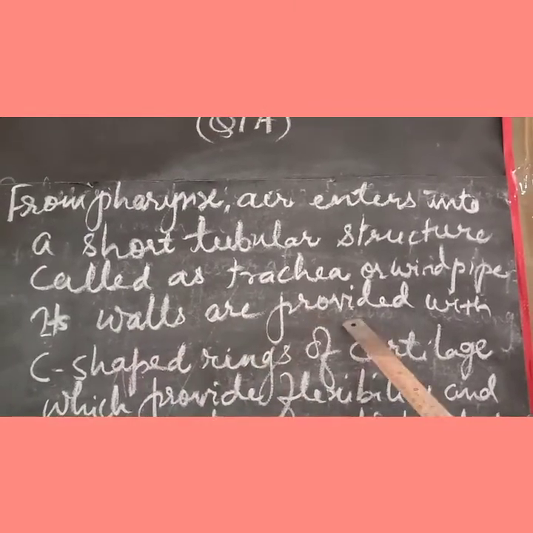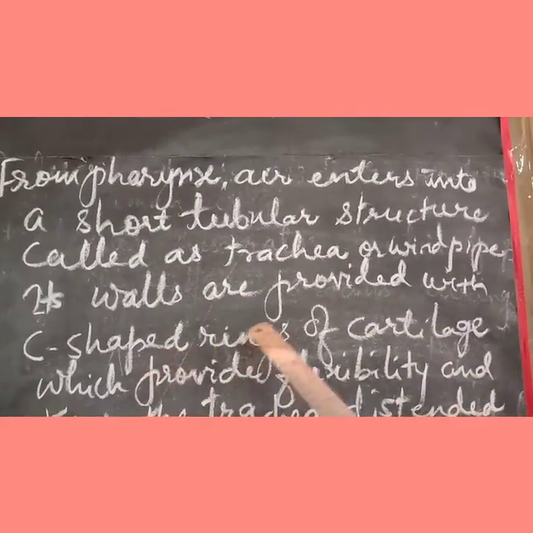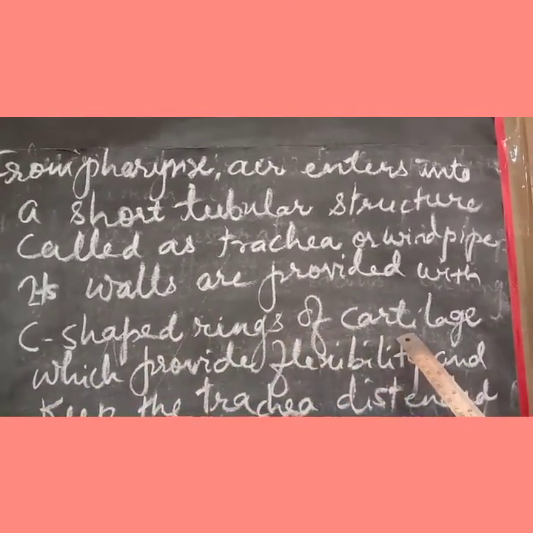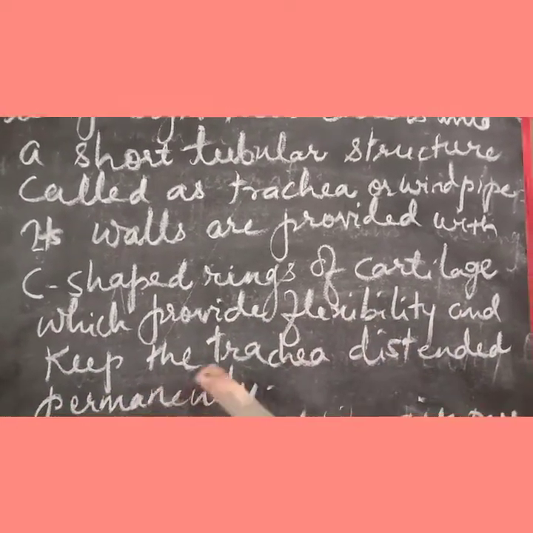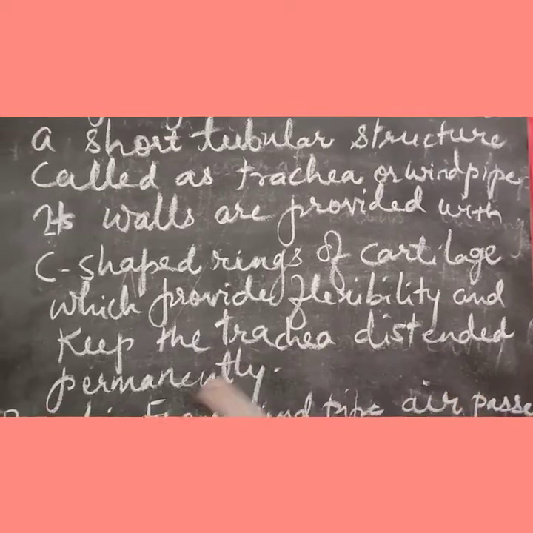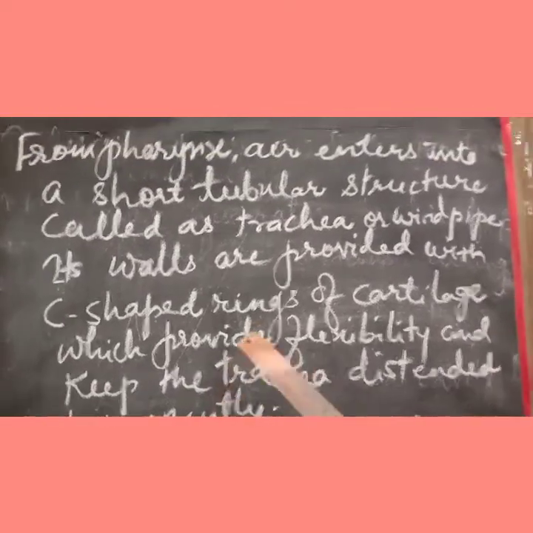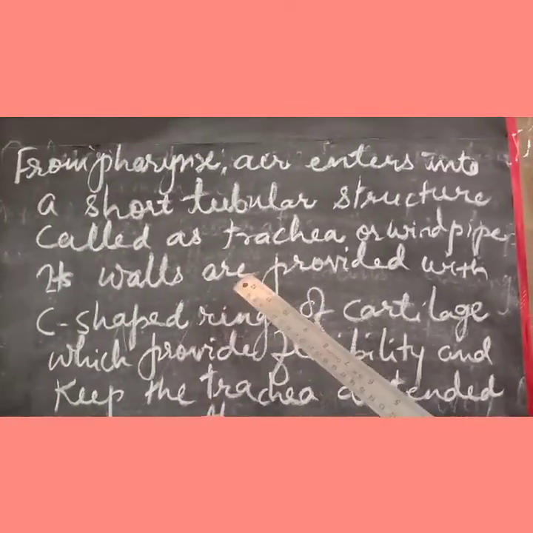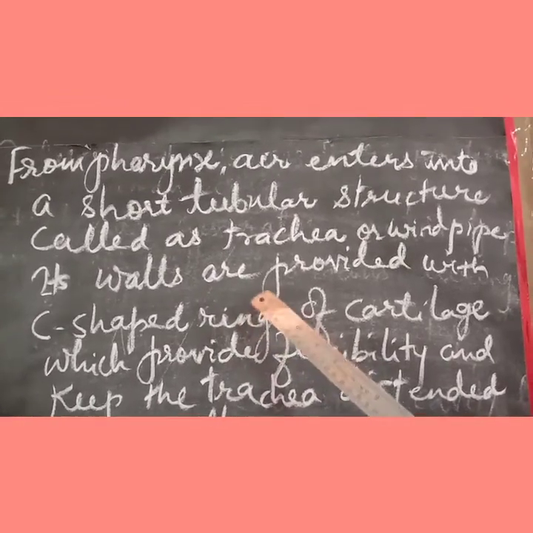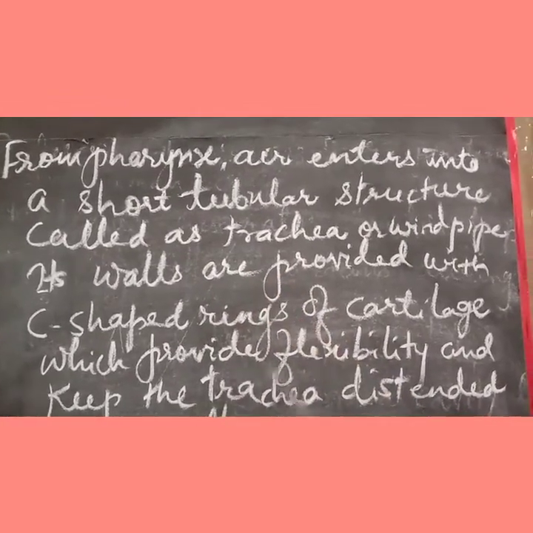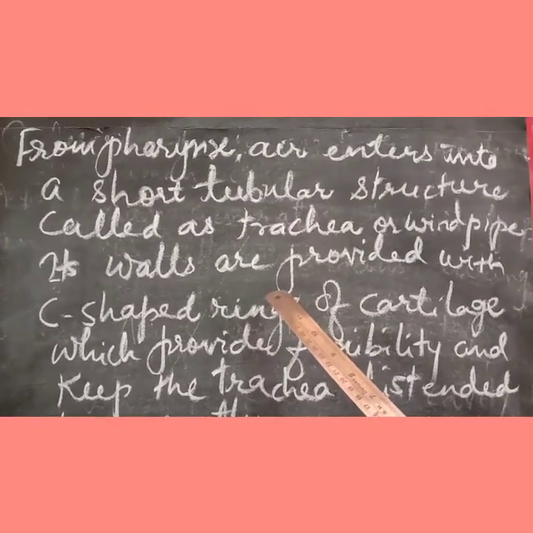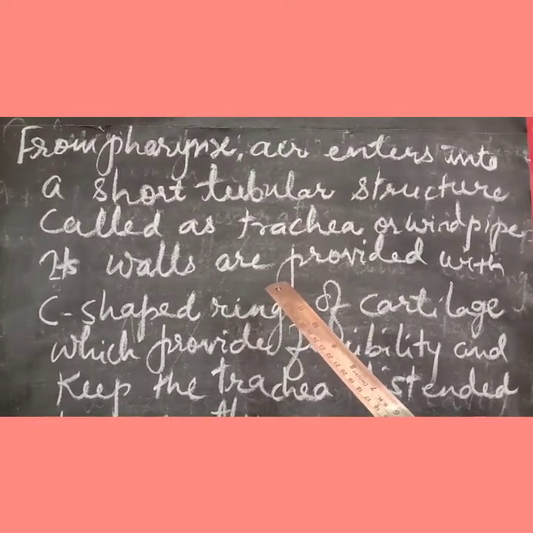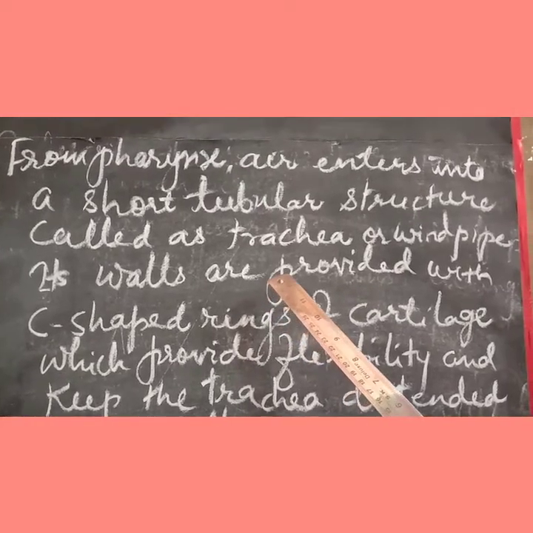Its walls are provided with C-shaped rings of cartilage which provide flexibility and keep the trachea distended permanently. Children, let me remind you that the opening of the trachea is guarded by a muscular flap called the epiglottis, which closes at the time of swallowing food.